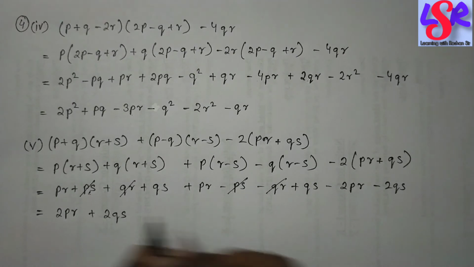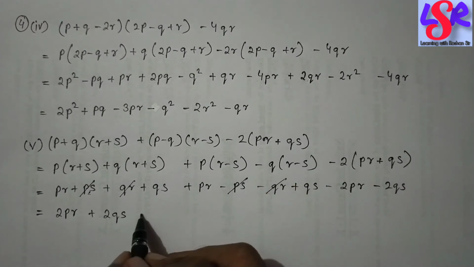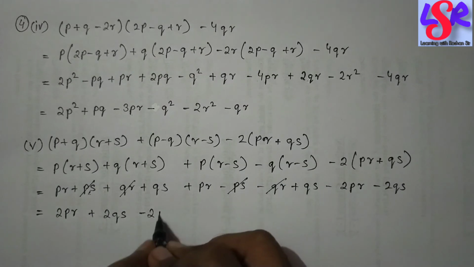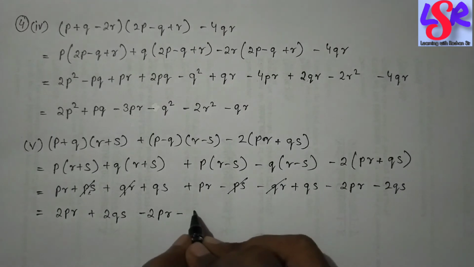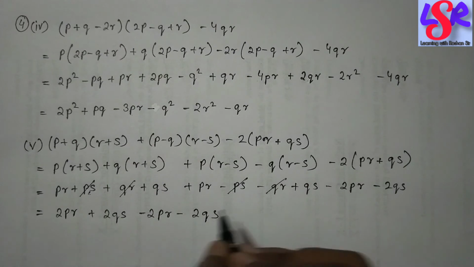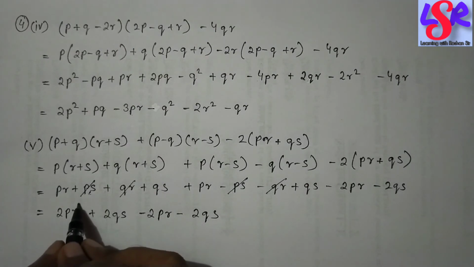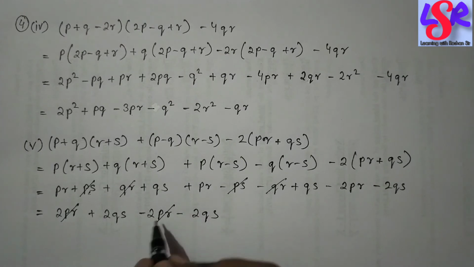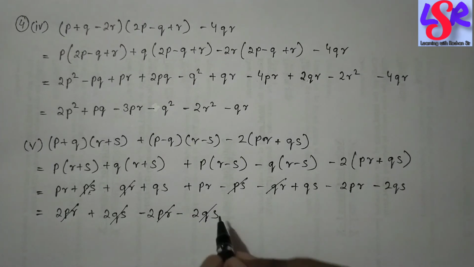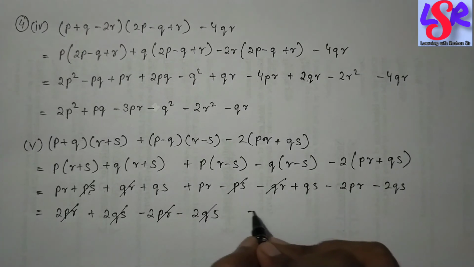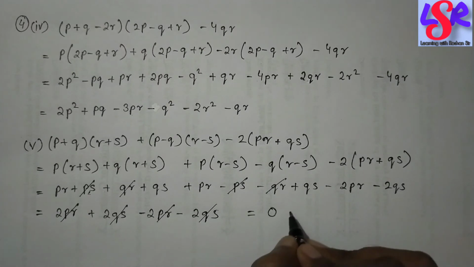And then we are going to copy these two, minus 2PR and minus 2QS. Then we see that one is positive, other is negative, so they will be cancelled out, and similarly QS and 2QS will be cancelled, and we finally get 0 as our answer.